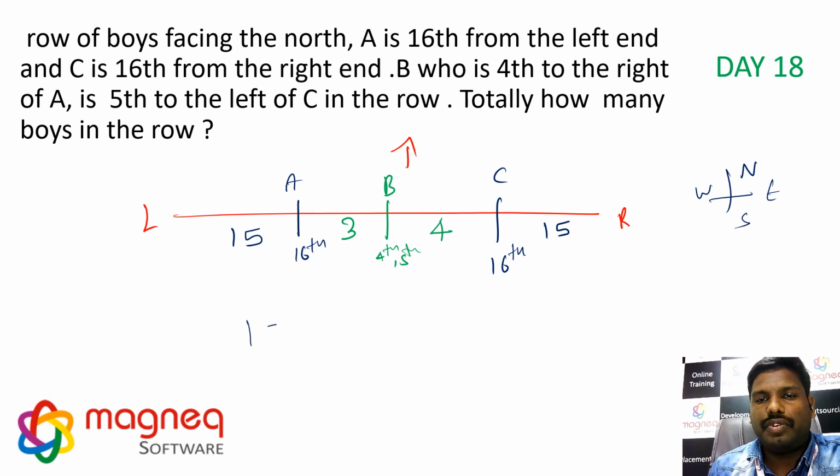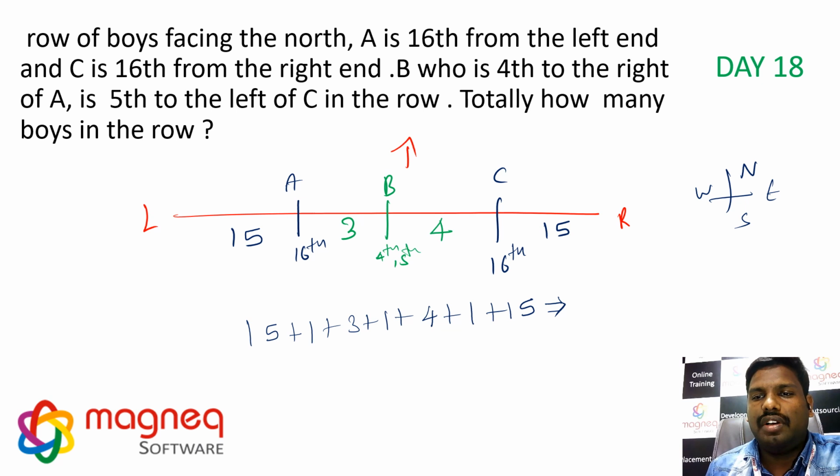So 15 plus 1 for A, 3 plus B 1, 4 plus 1 plus 15. So 15, 15, 30, 7, 8, 9, 40. Total 40 members. There are a total of 40 boys.